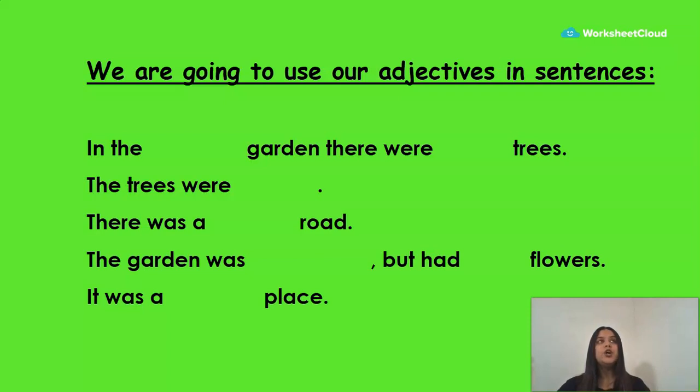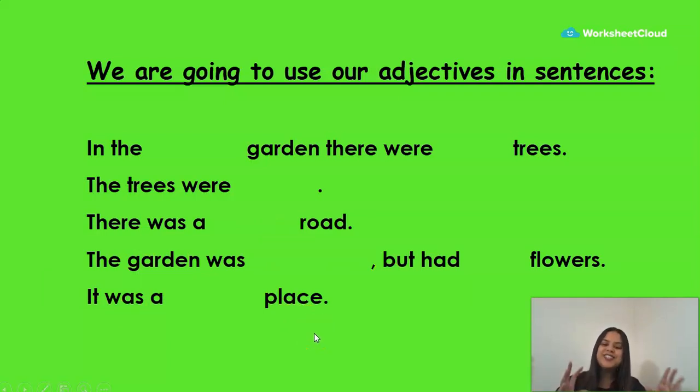We used describing words, and now we are going to take those words out and put them into a sentence. So, in the garden, there were trees. The trees were, there was a, the garden was, but had, it was a place.